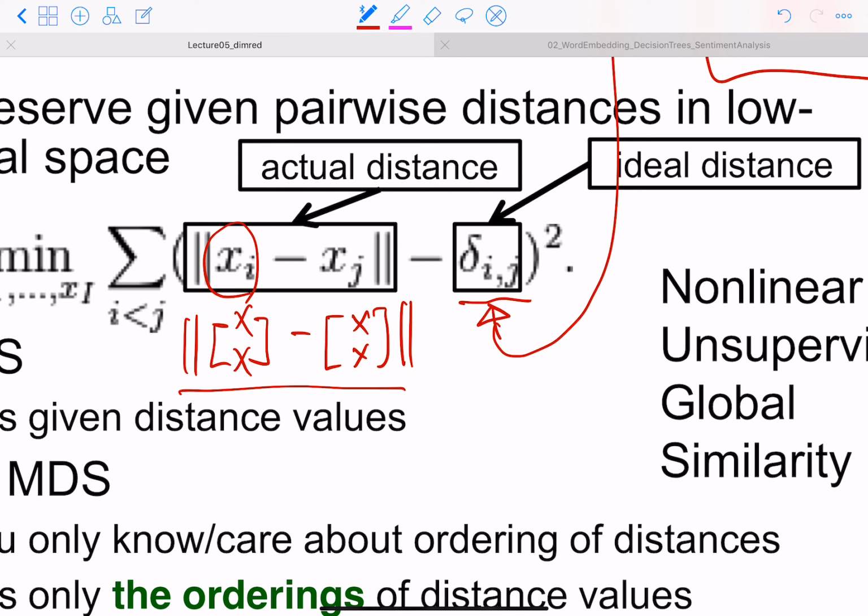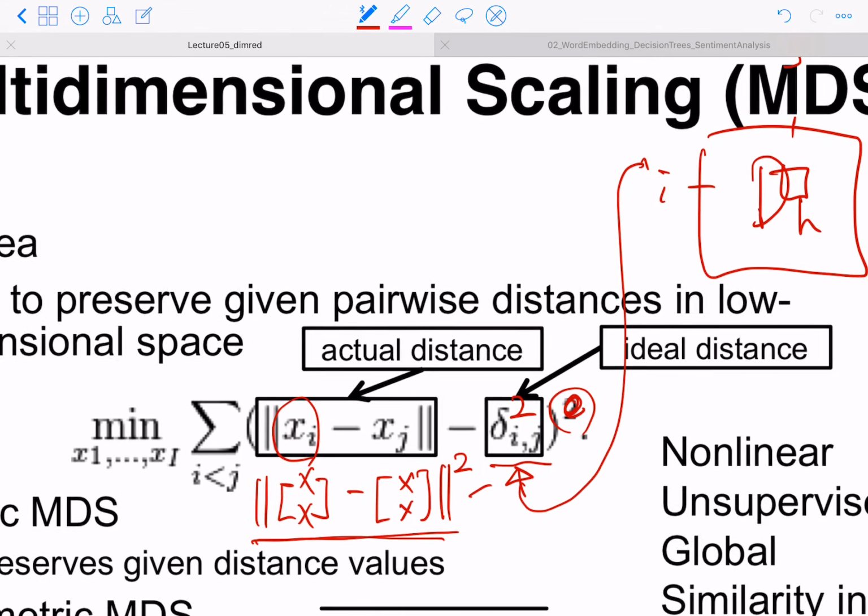Because the distance involves a square root, to make it convenient, let's consider a squared difference: the Euclidean distance squared and the target squared.